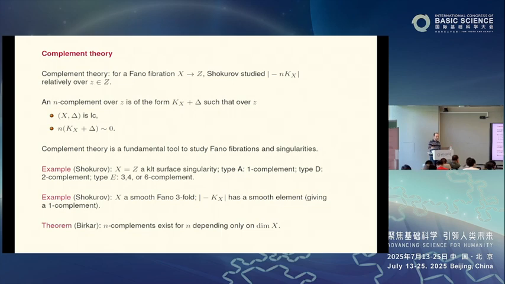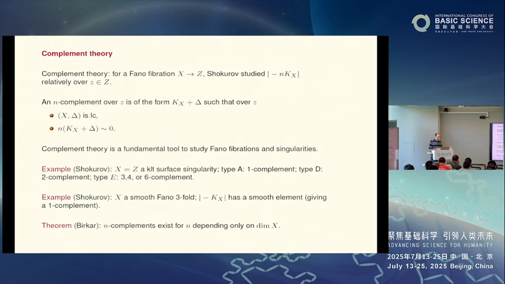So these complements can detect the type of the singularity. Type D are those for which you have a 2-complement, but not a 1-complement. And E-type are those where you don't have 1 and 2, but you have 3, 4, or 6. So you just have 1, 2, 3, 4, and 6. You have only these few numbers to basically capture the essence of these singularities. You don't need 10 billion. You just need up to 6. So this is the main point.